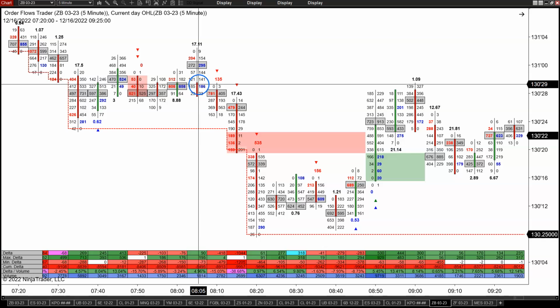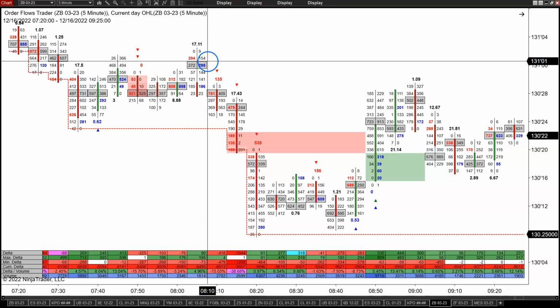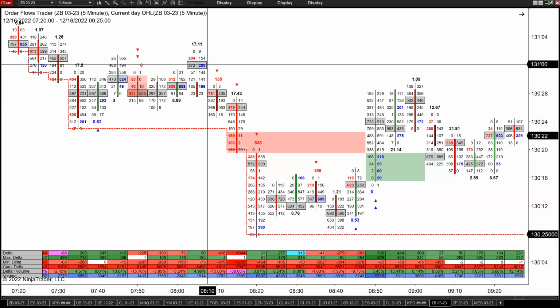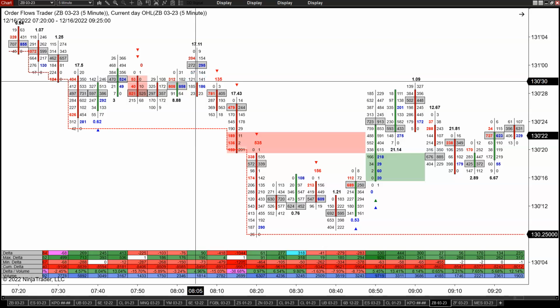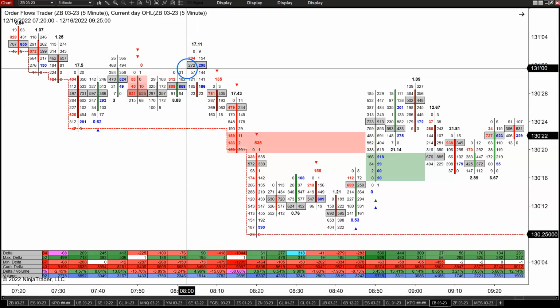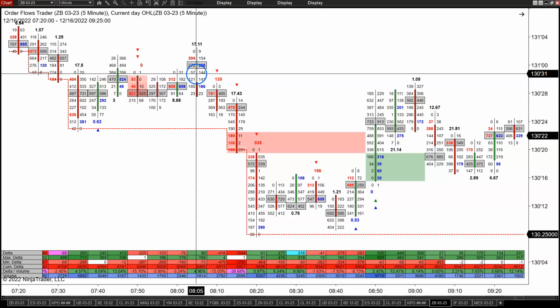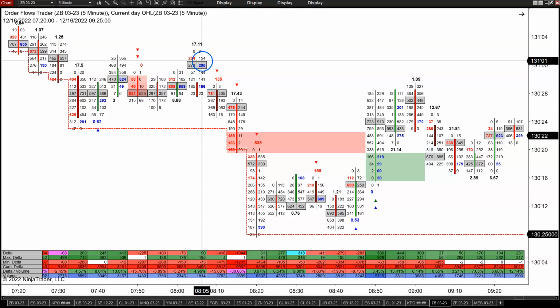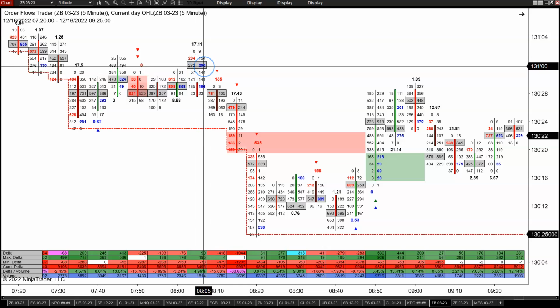Now, when you have a buying imbalance, what you actually have coming into the market is supply. Because that supply is absorbing whatever aggressive buying is going on in there, it's still aggressive buying, but you have a passive seller up there.